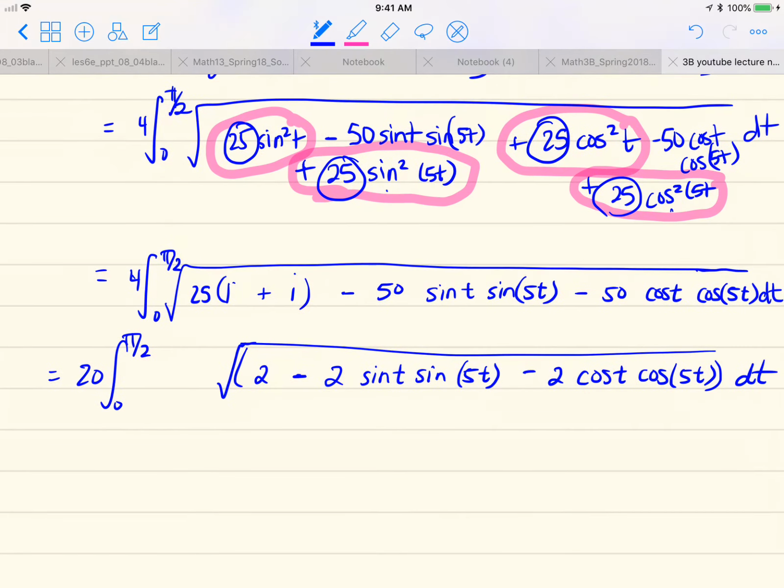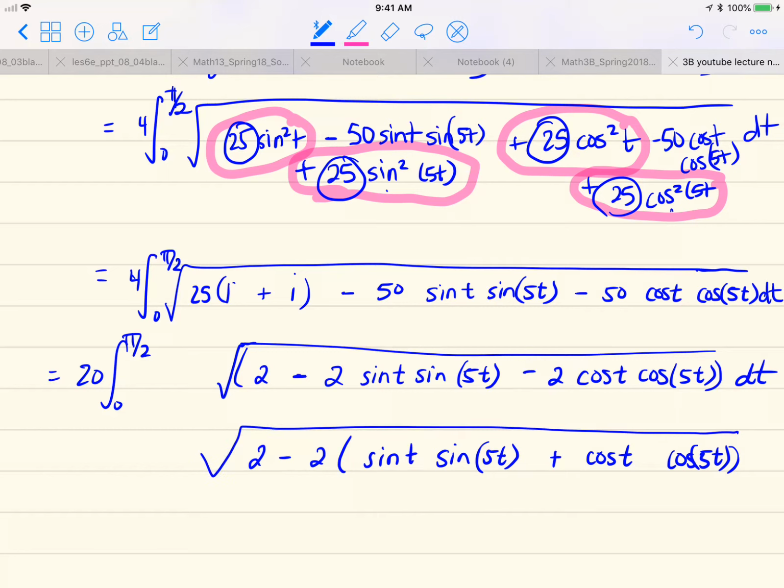And on the inside, we've got 2 minus 2 sine t sine 5t minus 2 cosine t cosine 5t. So 2 minus 2 times sine t sine 5t plus cosine t cosine 5t. Now, does this look familiar? Here's a hint. The hint is another trig identity, the one for cosine of 2 theta.